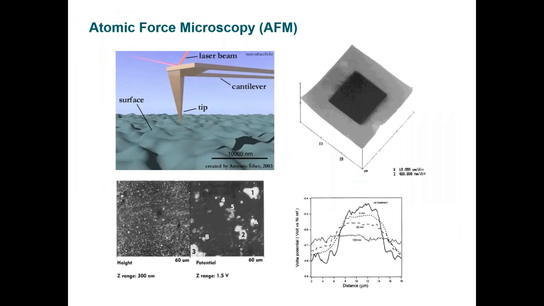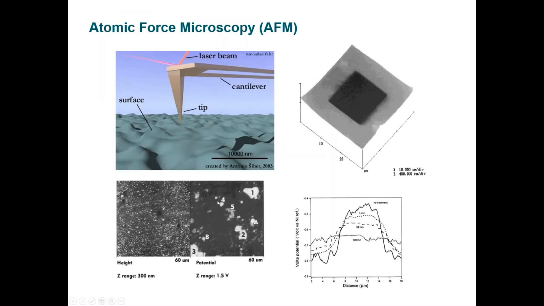Another upcoming tool that we use a lot in our lab is atomic force microscopy. The importance of atomic force microscopy is that this is a surface probe analysis that actually allows you to look at the corrosion environment in situ. So for example, a cantilever tip here can be designed to do an electrochemical experiment such that it can act as an anode or a cathode on a metallic surface.